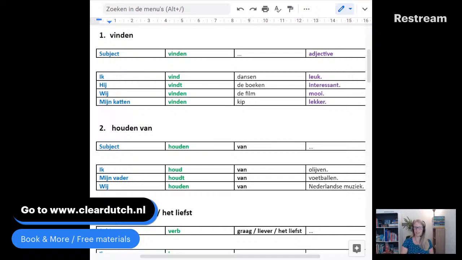So if you say, well, usually it's not wij, ik hou van Maria, then you're saying you love her for real. So be careful with putting names or people there. If you put a thing or an action, then it can mean either to like or to love. Maybe it's a bit stronger than to like, but something in between there. Okay, good.